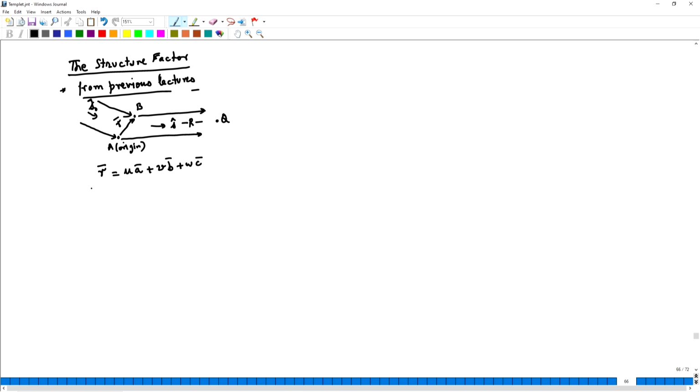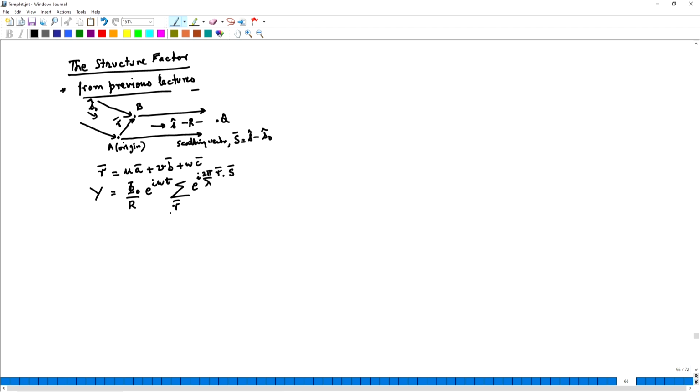Then we also saw that the amplitude at the point Q can be written as phi 0 upon R e to power I omega t, summing up over all the lattice translation vectors for our finite size crystal, as summing up e to power I 2 pi upon lambda, the dot product between the lattice translation vector and the scattering vector, where the scattering vector S is the difference of the two unit vectors.